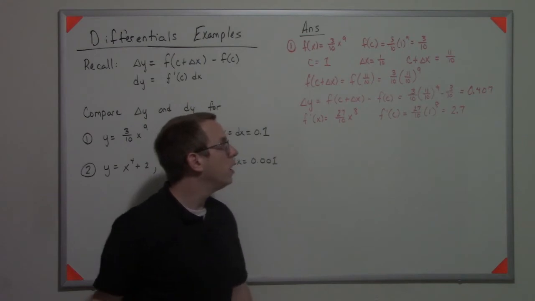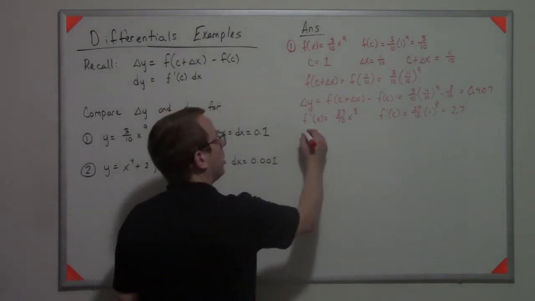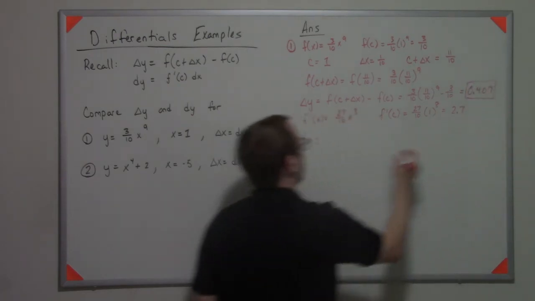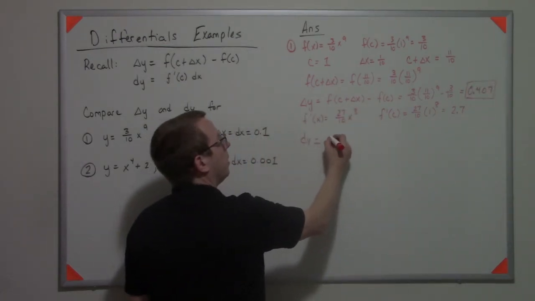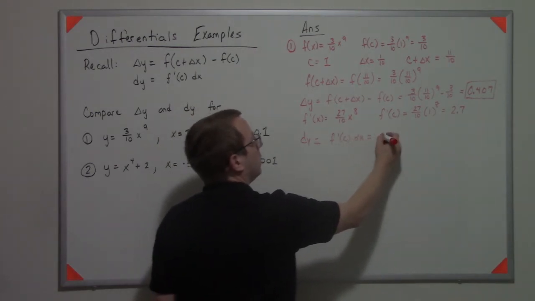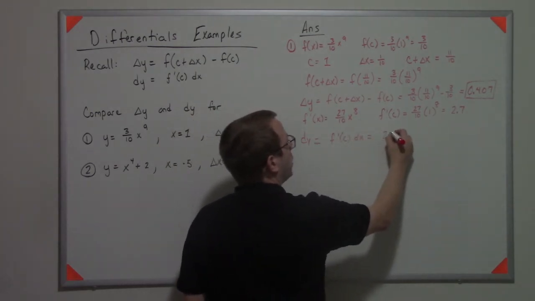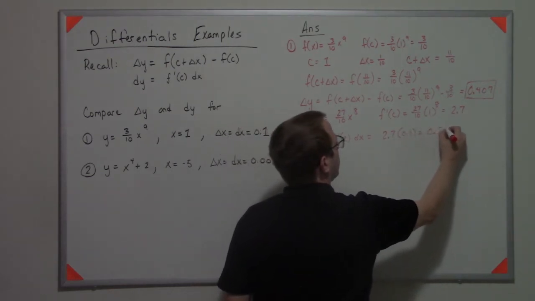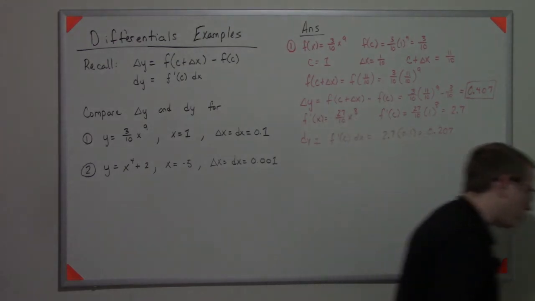So if I want to get dy, and this is my first answer, circling it there, dy is f prime at c times dx. So that's going to be 2.7 times 0.1, which is 0.27.